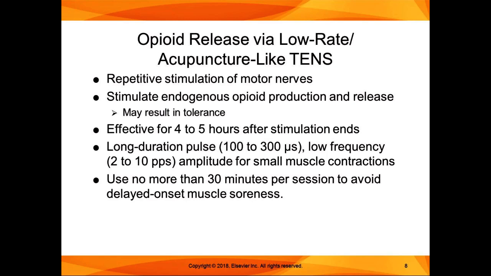And rather than trying to stimulate sensory nerves for a gating effect, you're trying to stimulate motor nerves. The idea is when these motor nerves are stimulated, it stimulates endogenous opioid production and release from the midbrain. And it may result in tolerance of the pain. It can be effective for 4 to 5 hours after you end the stim session.